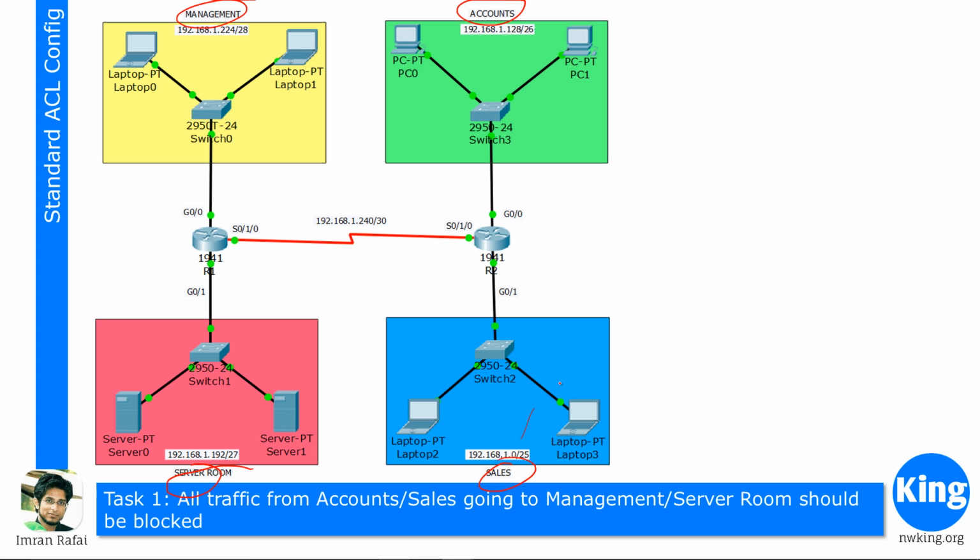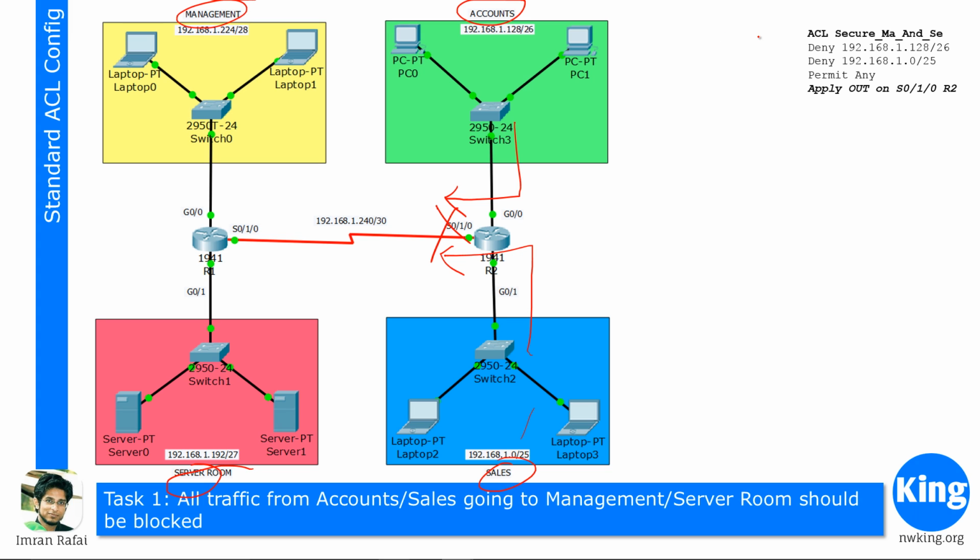First task: all traffic from accounts or sales, that means from this part, going to management or server room, must be blocked. So this traffic coming in from here and going here, and this traffic coming in and going here, we need to block this. So first, let's create the ACL.